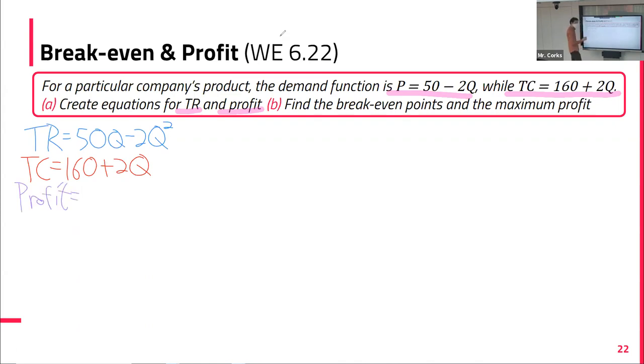And so profit then is, okay, tell me the basic definition. Okay, revenue minus cost. So it's just these two things. 50q minus 2q squared minus (160 plus 2q).